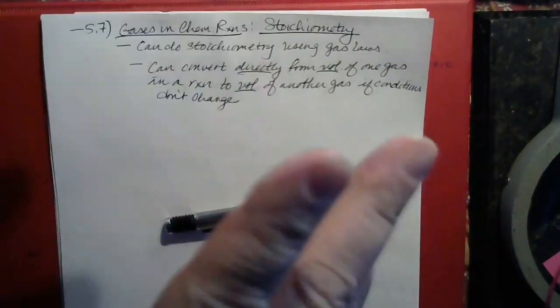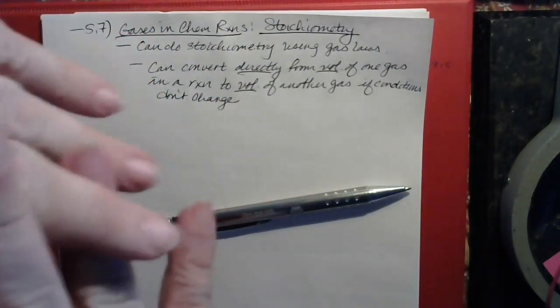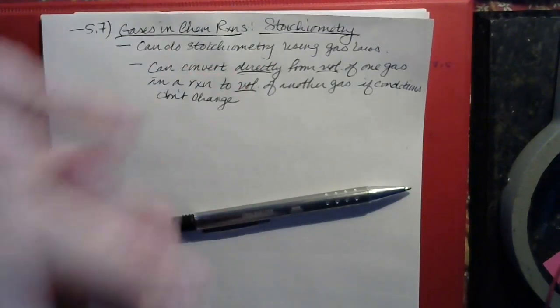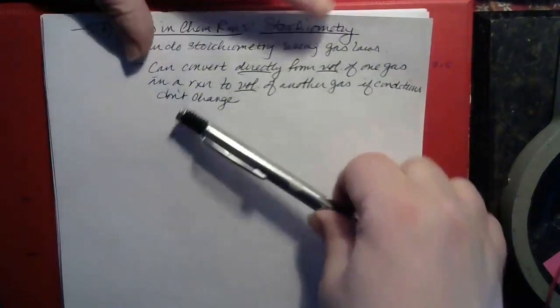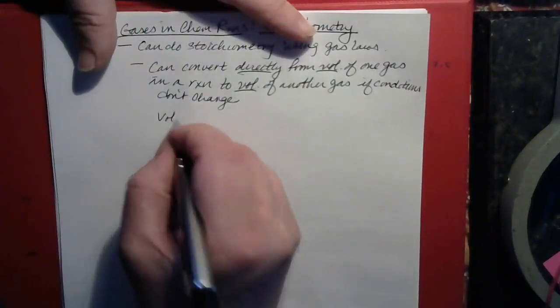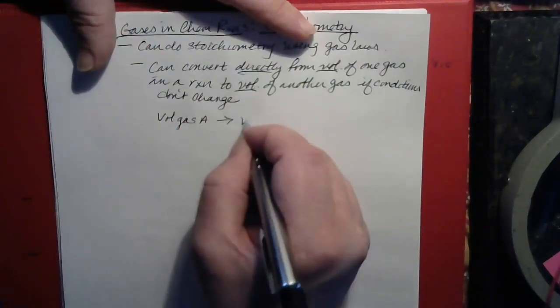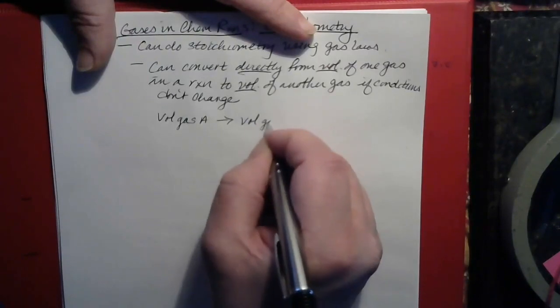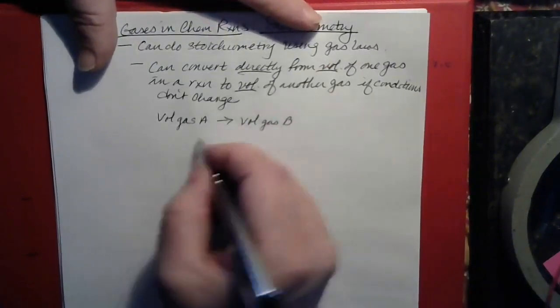And that has to do, again, with the fact that for gases, they all behave the same way with respect to pressure, temperature, volume, and number of moles. So once you've got a volume for a gas, you can go directly from volume of gas A, for instance, to volume of gas B without going by way of moles.